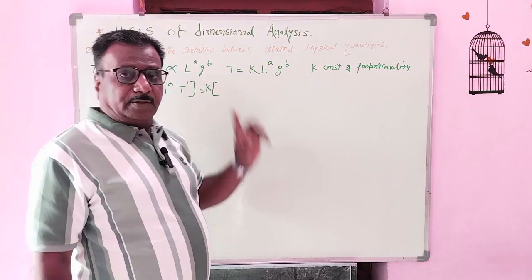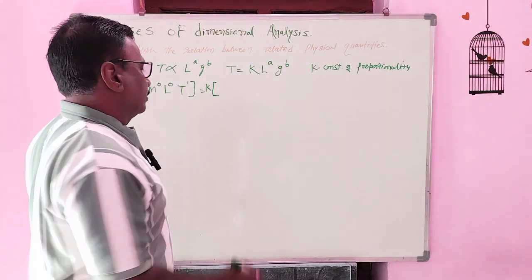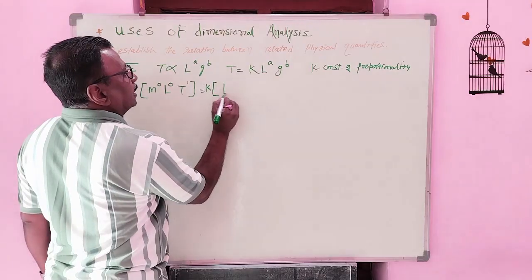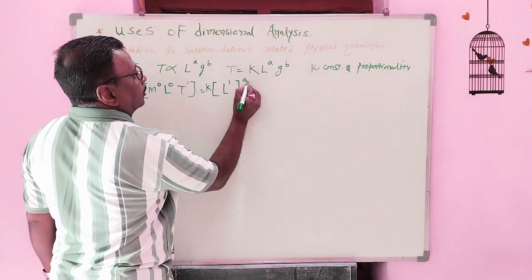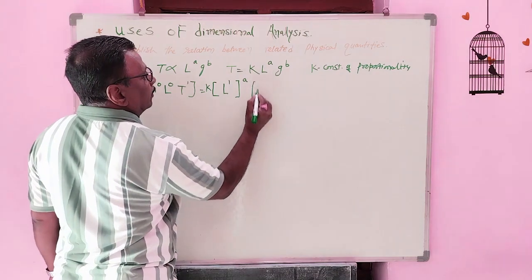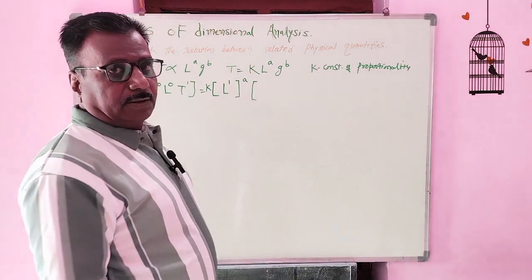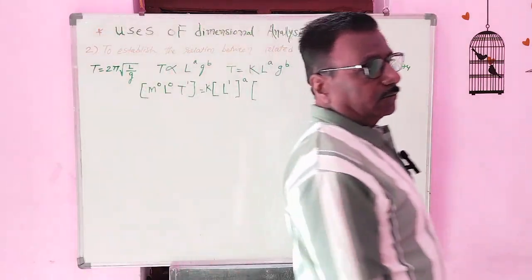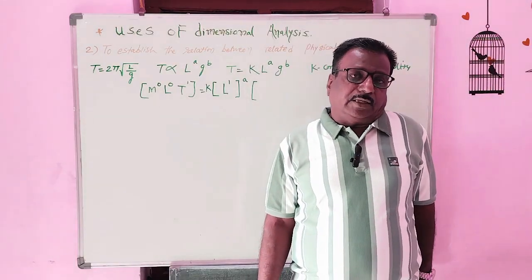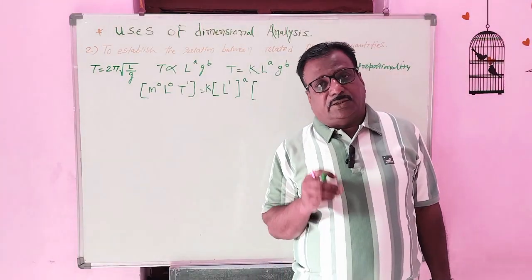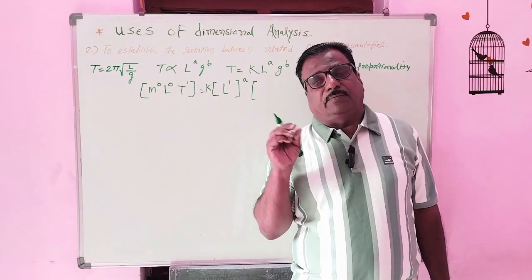Now substitute the dimension of L. L is the length of the simple pendulum, so we write L to power 1, bracket to power a, into g. g is called the acceleration due to gravity. We know that acceleration means change in velocity upon time.